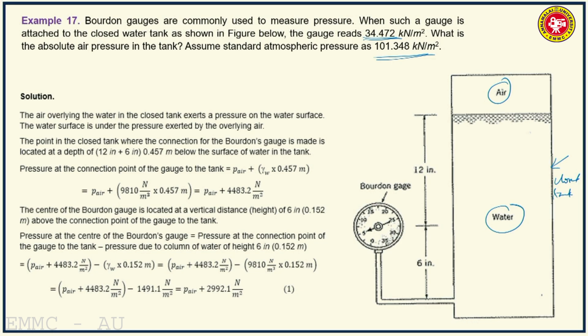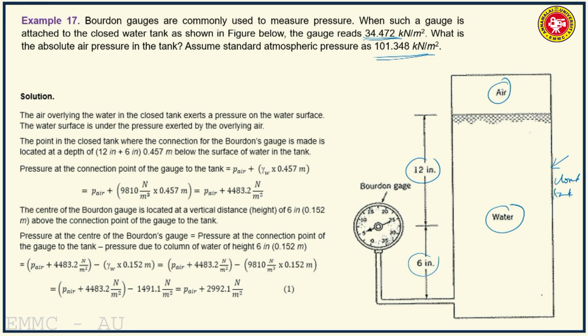The point in the closed tank where the connection for the Bourdon's gauge is made is located at depth 6 inches plus 12 inches. So that comes to 0.457 meters below the surface of water in the tank.